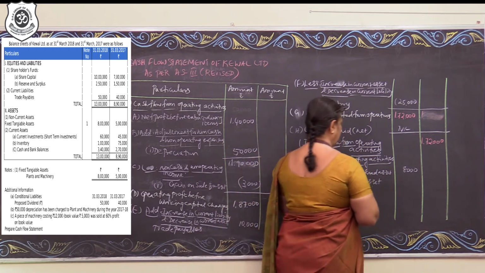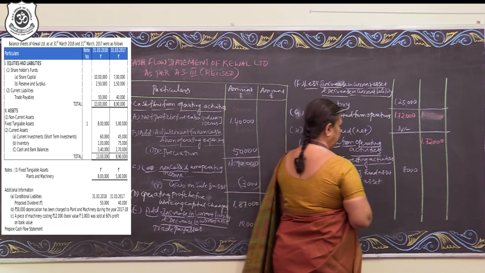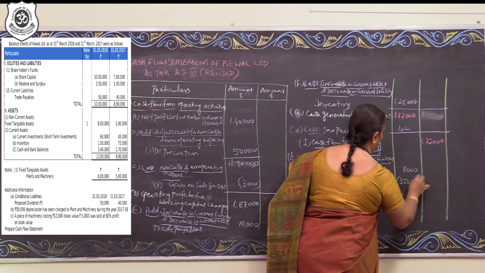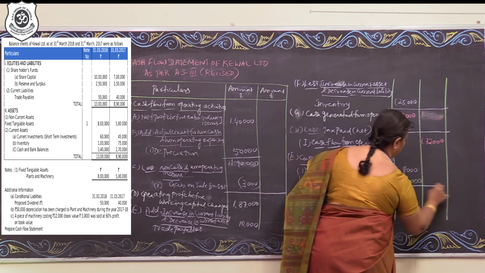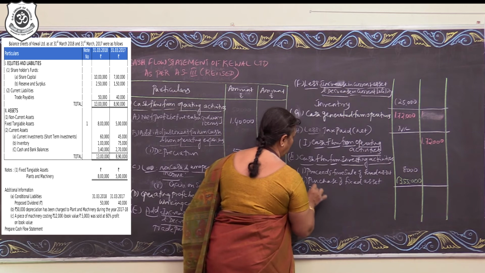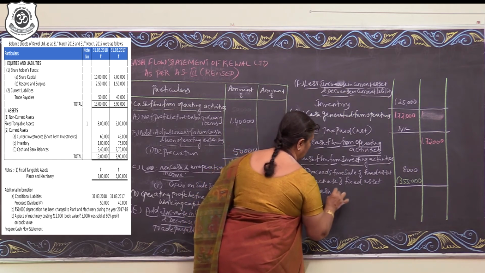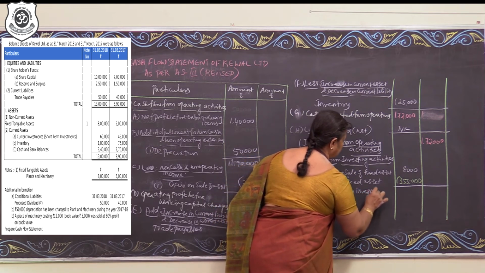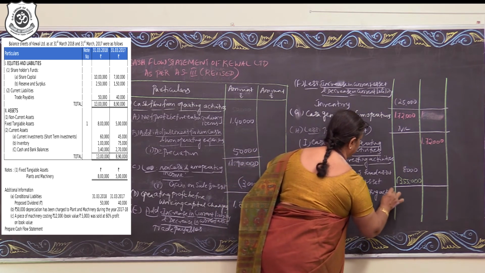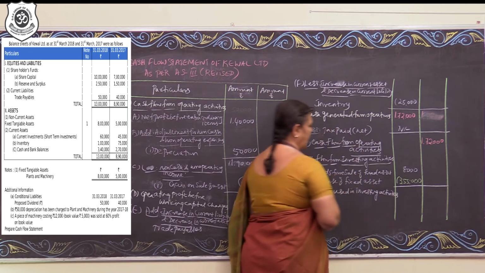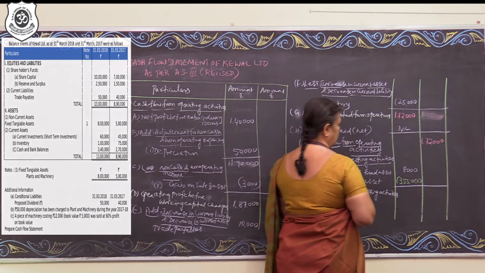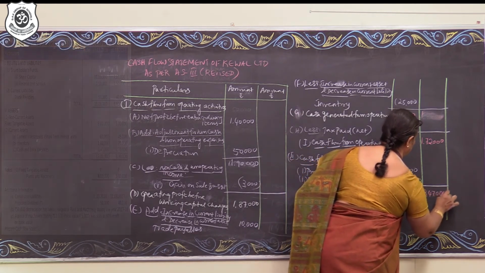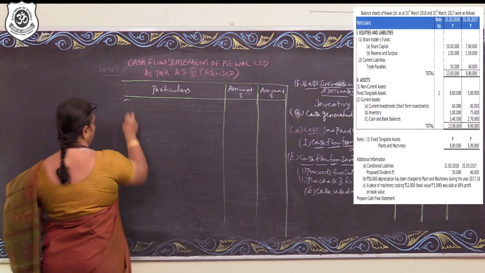Purchase of fixed asset, we got 3,55,000. So, you get Roman letter 2, cash used in investing activities to be 3,47,000.